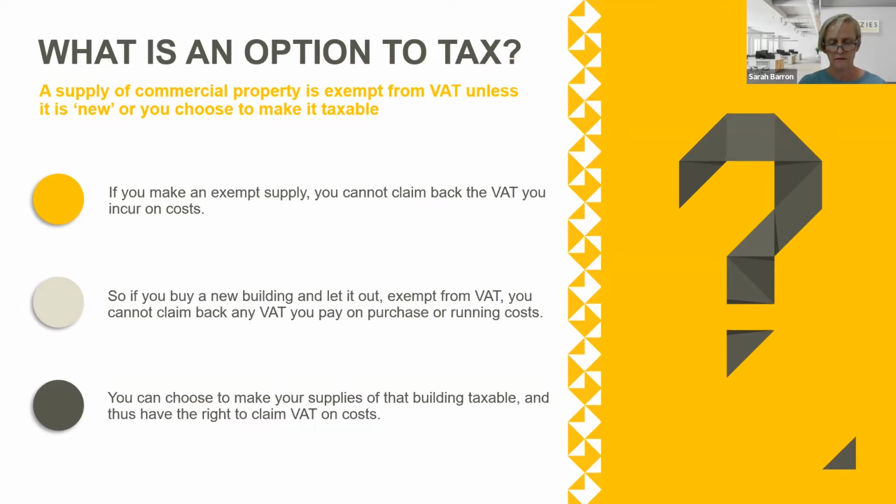And the only way that Fred has the right to recover the VAT that he incurs on having that property built is if he opts to tax. So he says, I'm not going to have the rent on my property exempt from VAT. I'm going to charge VAT on the rent. So then that gives him the right to go back on his VAT return, claim back the VAT that he's incurred on constructing the unit.